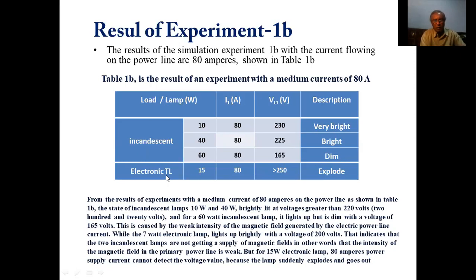For the electronic lamp 15 watt, we cannot detect the voltage value because the lamp suddenly exploded and went out. Maybe the voltage was greater than 250 volts.